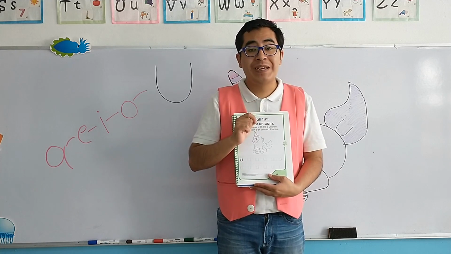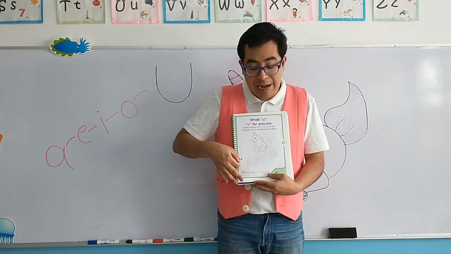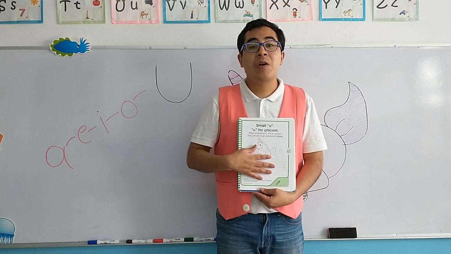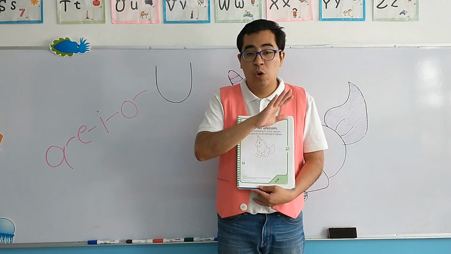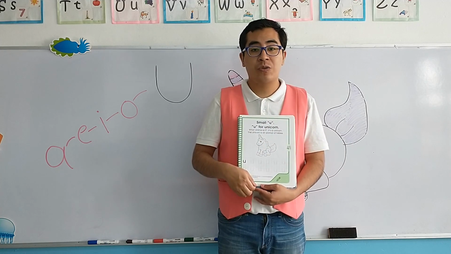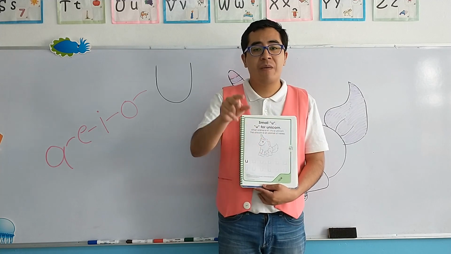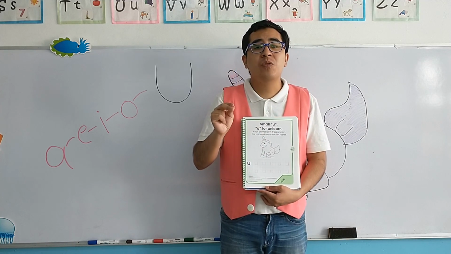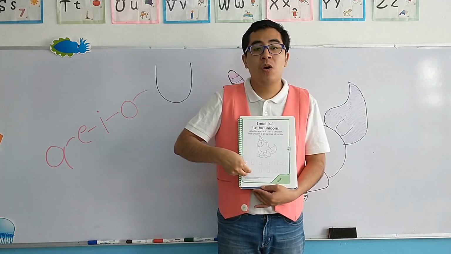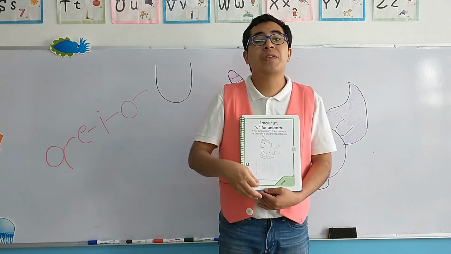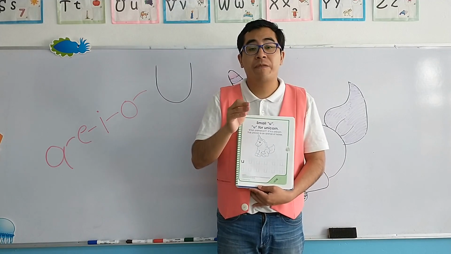First and most important is to trace the letter U. Lo más importante de este trabajo primero es remarcar todas las small u que encontremos. Okay? For this, remember, using your pencil really properly, you have to trace the small u, and remember, it's very important to mention the name of it.